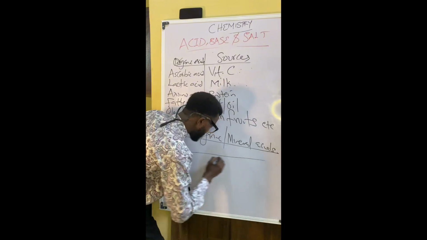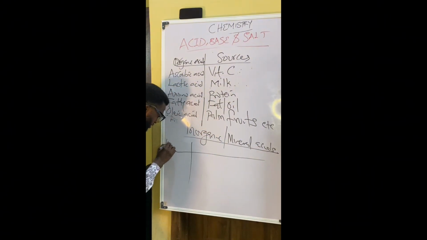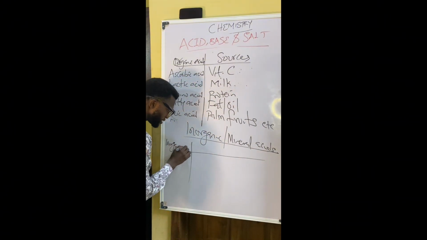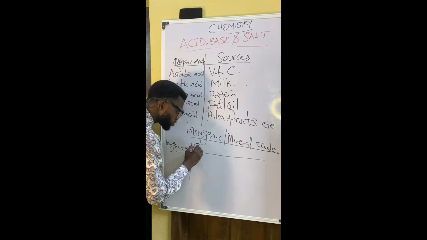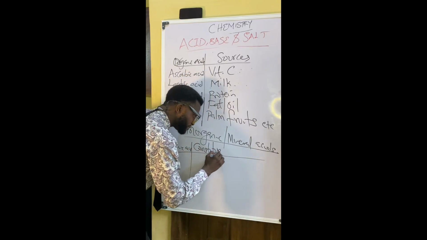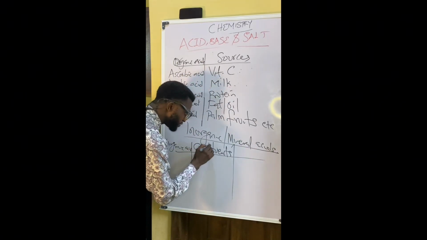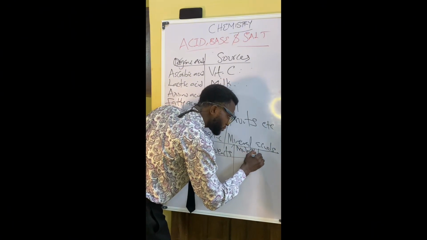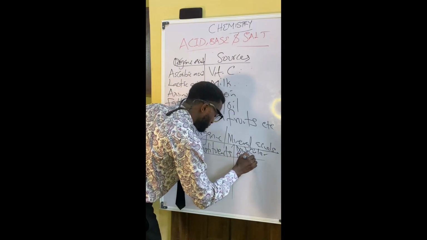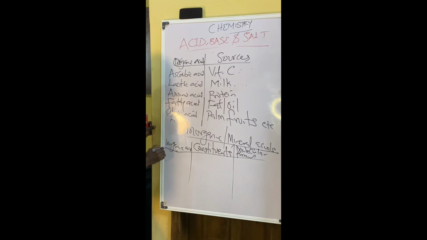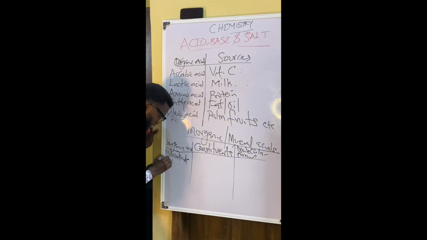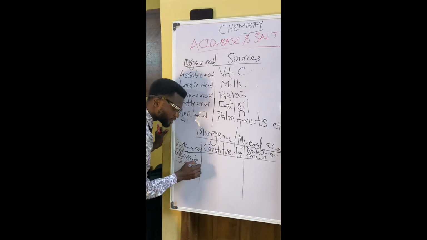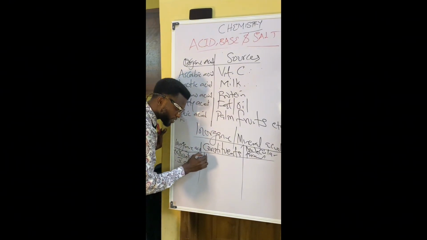So we'll look at examples of inorganic acid, their constituents, and molecular formula. The first inorganic acid we talk about is trioxonitrate(V) acid. What are the constituents?